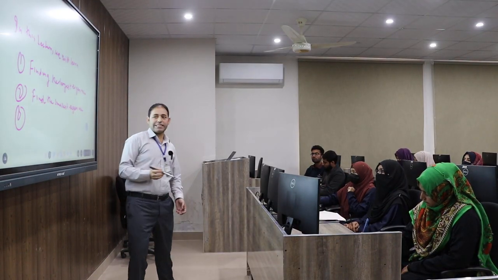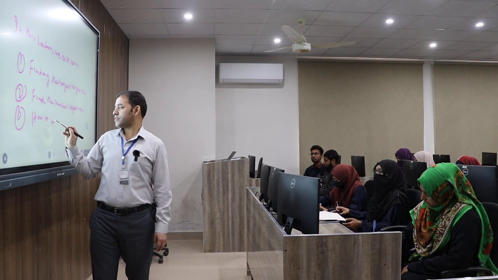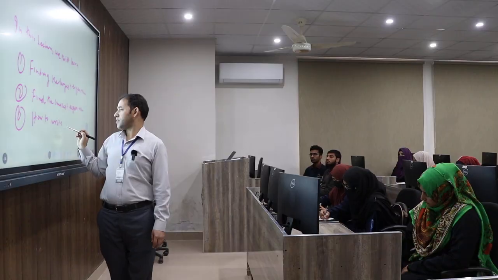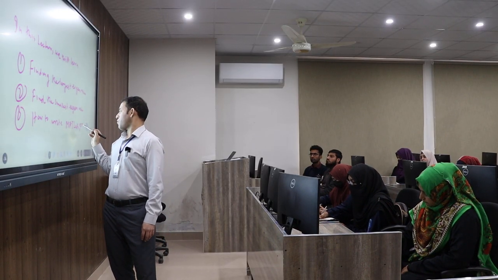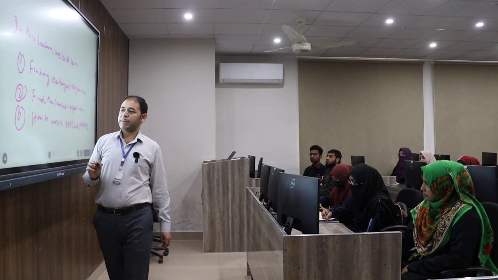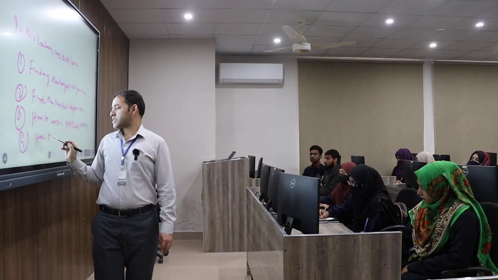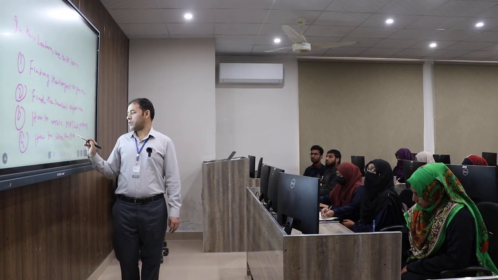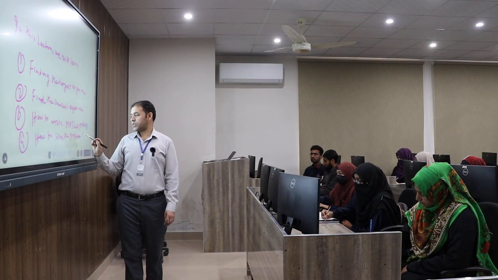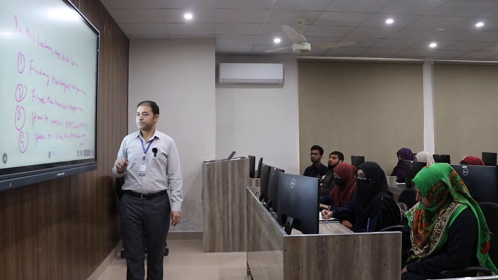The third thing is how to write the MATLAB code, how to write a MATLAB program for the largest eigenvalue and eigenvector. And the fourth thing is how to solve the problem using the MATLAB window.